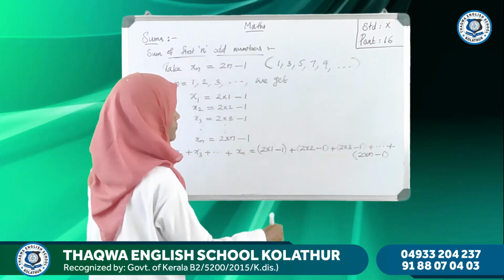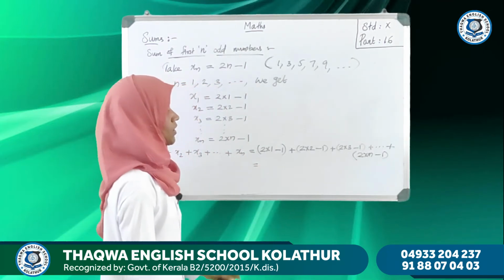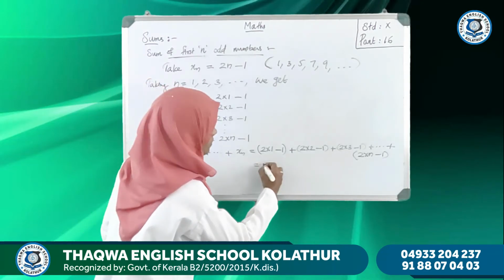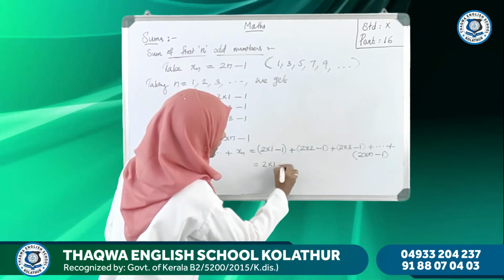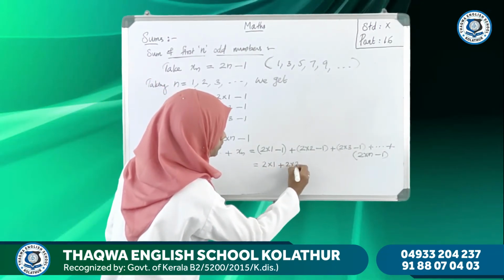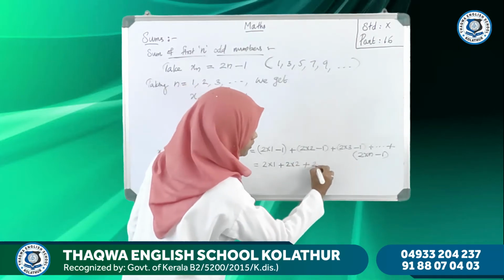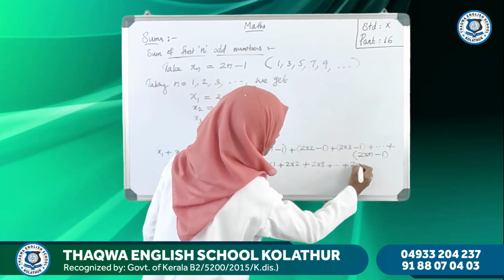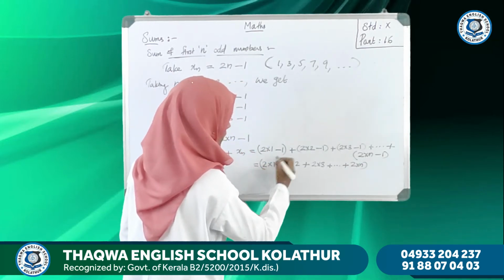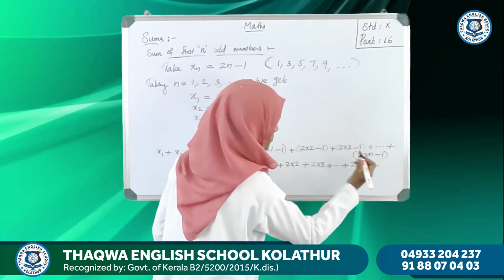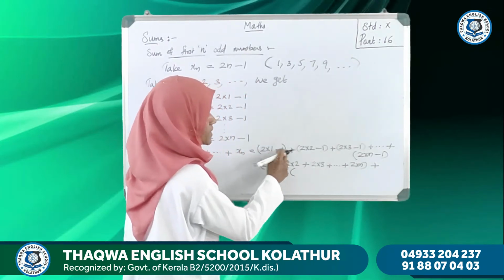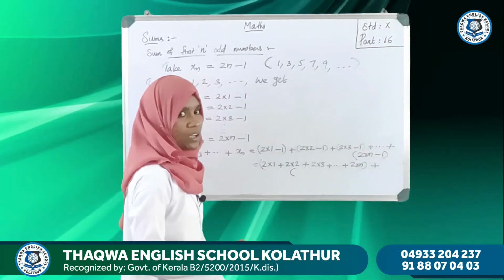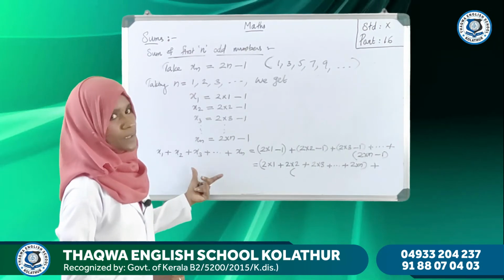That is 2 into 1 plus 2 into 2 plus 2 into 3 plus etc., plus 2 into n, plus the next, minus 1 minus 1 minus 1 etc. How many times minus 1 are there?